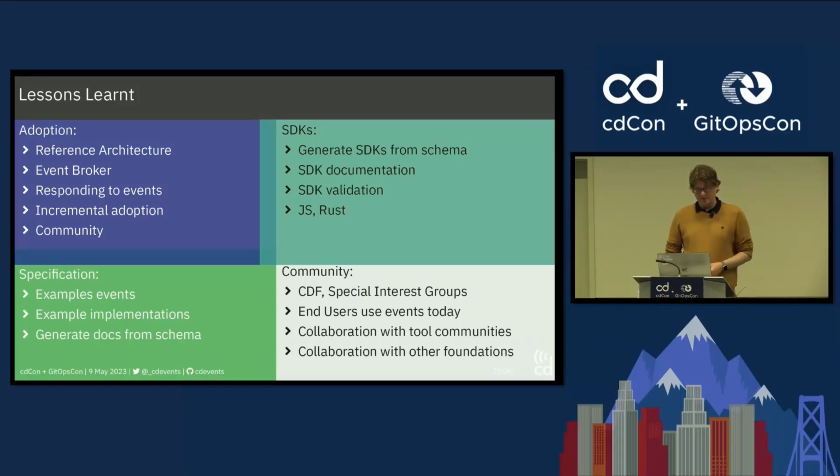Another area which was easier for Spinnaker but harder for other projects is responding to events. So, okay, I get these incoming events, but what do I do with them, right? You can store them in a storage. You can try to take decisions in real time based on them, but there is no guideline at the moment on how to do that. There are some implementations happening, but again, we don't have a reference architecture for that.